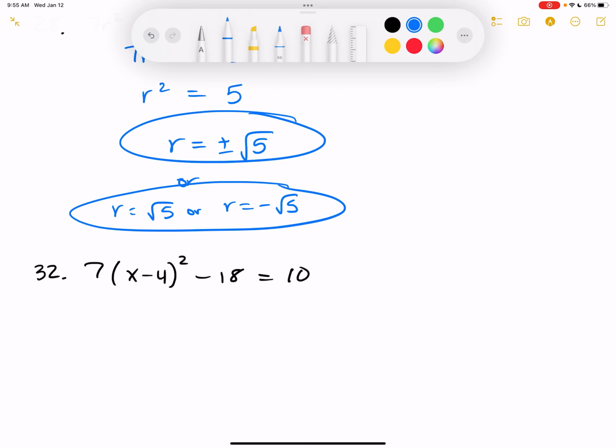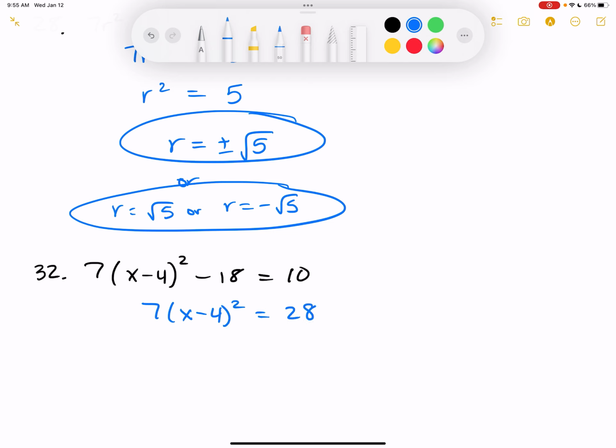Square everything first in the parentheses? No, don't do that. Just distribute first? Don't do that either. I want to ultimately get x by itself. So I want to leave this how it is. Add 18 to both sides.